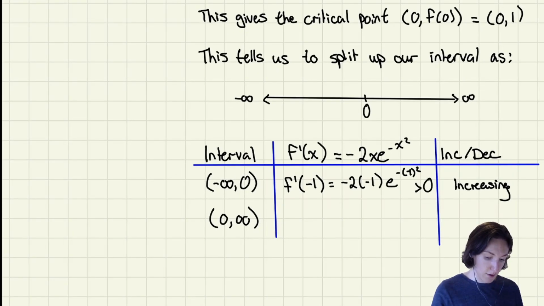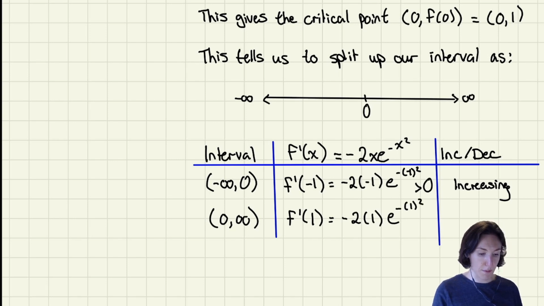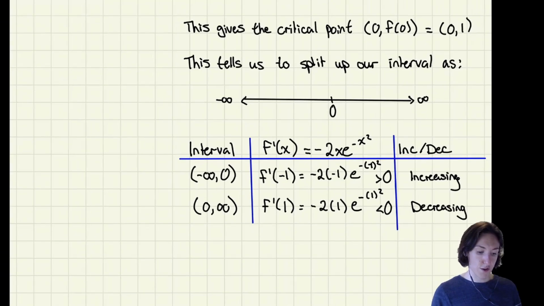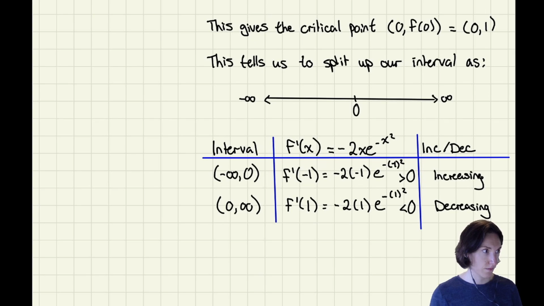Perfect. Now let's maybe try one. We'll be symmetric. F prime of 1, so I'm going to get negative 2 times 1. And remember that e itself is always going to be positive. So we have a positive times negative 2. This is going to be less than 0. So the function is decreasing there.